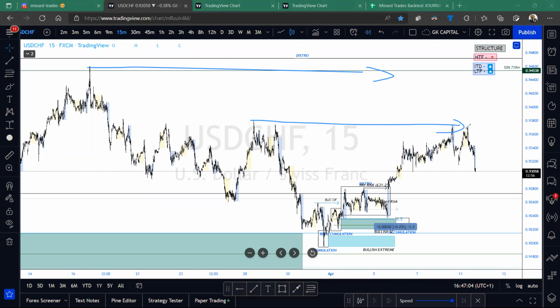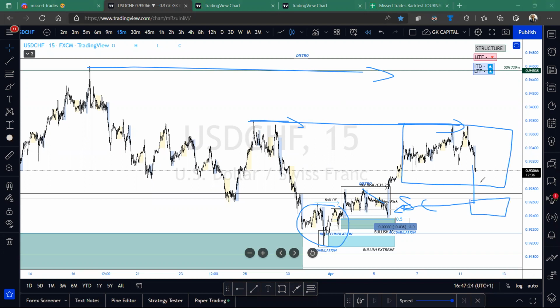Now looking at this, unfortunately we didn't go and break that. If we broke that, then this would have been my slingshot. At the moment, it's just a reaccumulation, and then this is just an accumulation, reaccumulation going into a distro. So I'd have to see if price does come back into this area here. We can definitely see they're on drawdown here, so we can look for an accumulation.